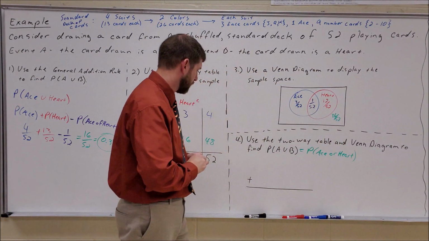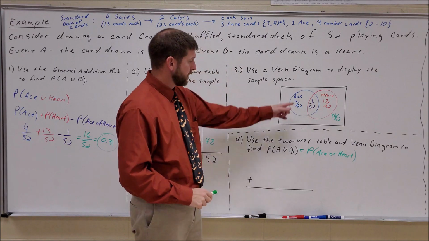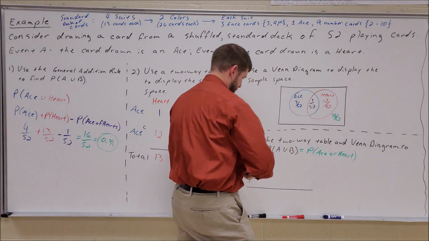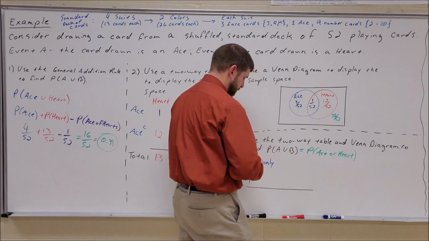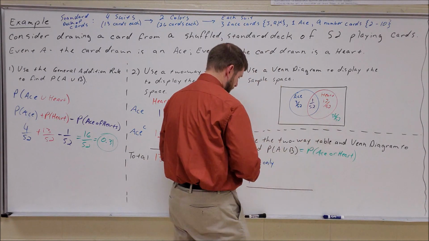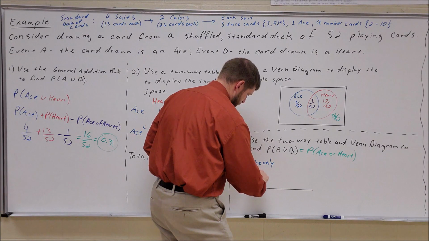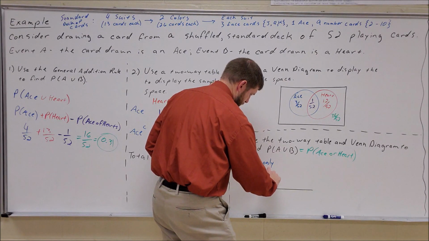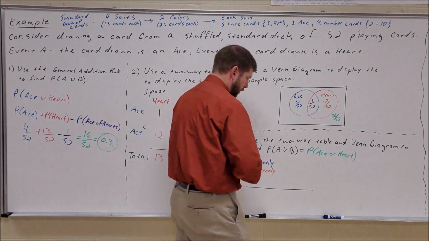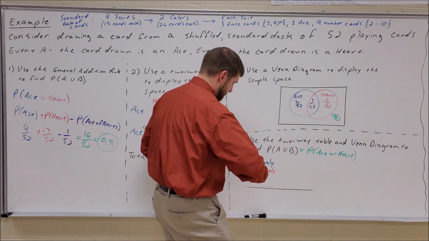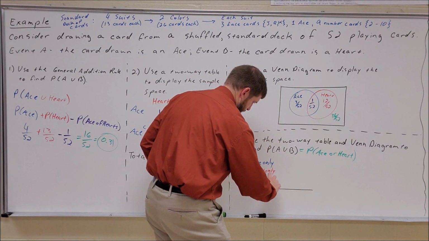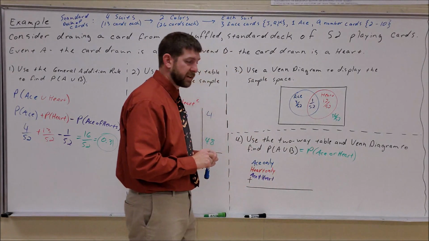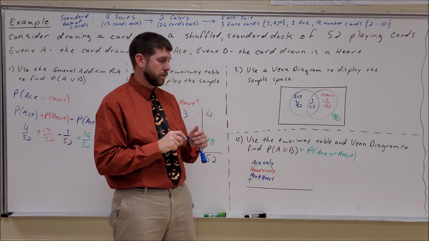Probability of ace or heart. So we could be an ace only, we could be a heart only, or we could be an ace and heart. All 3 of those would satisfy being at least an ace or a heart.